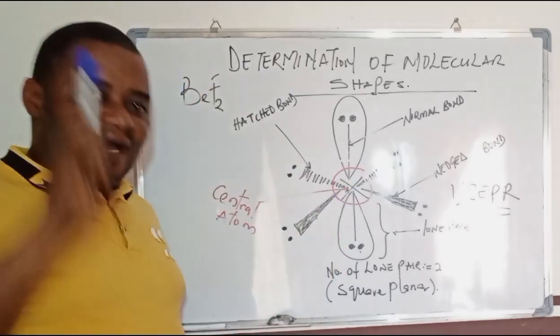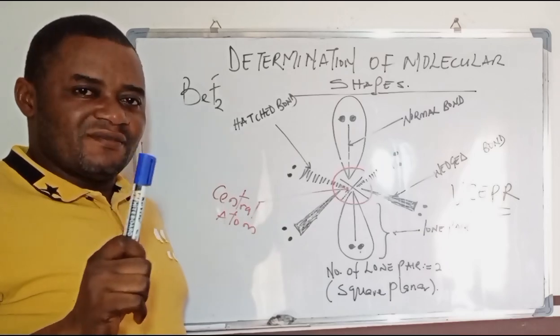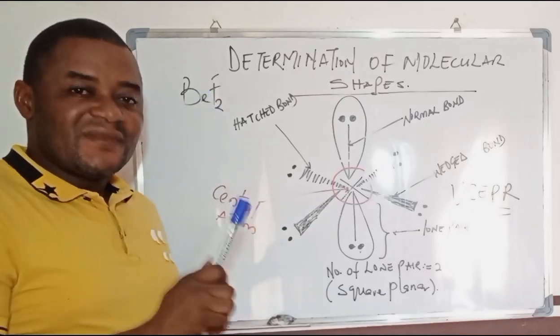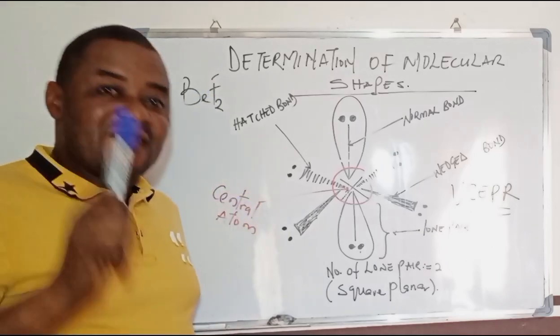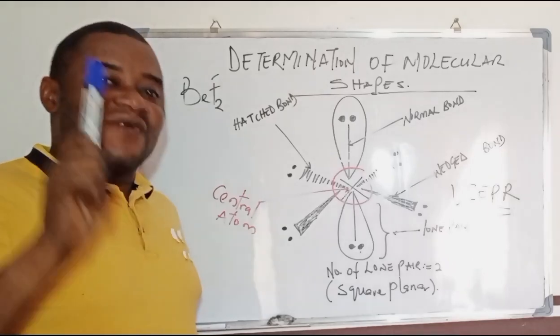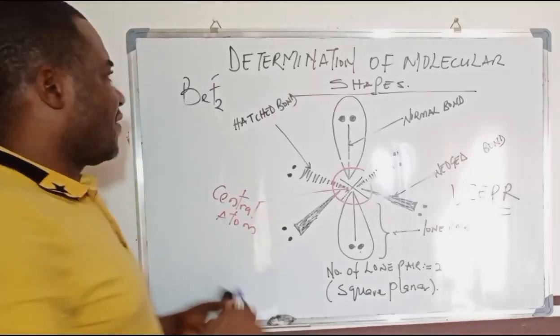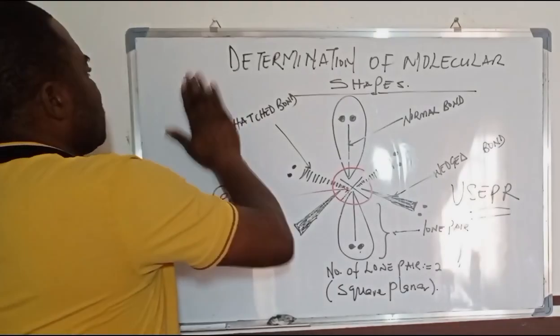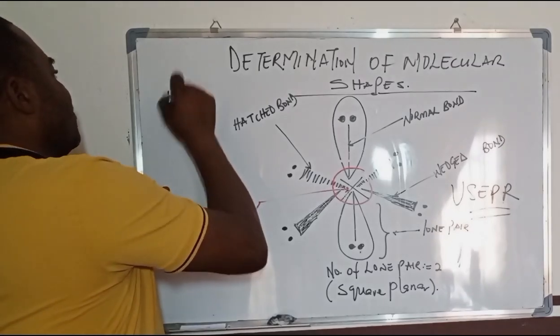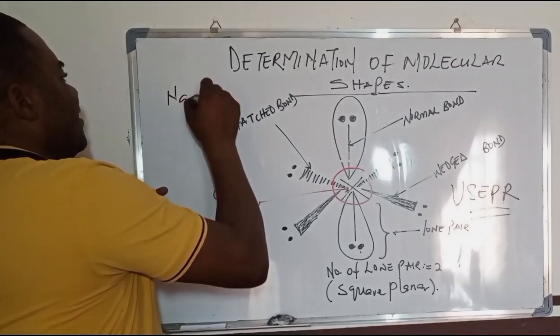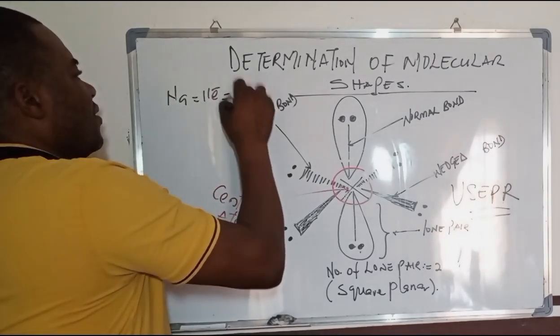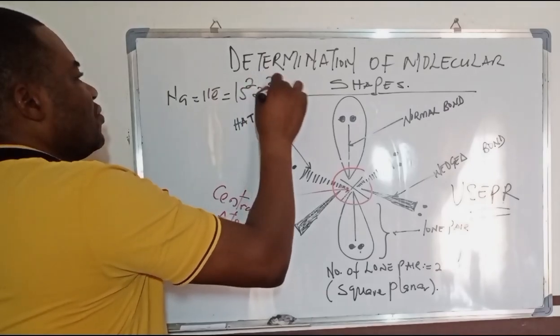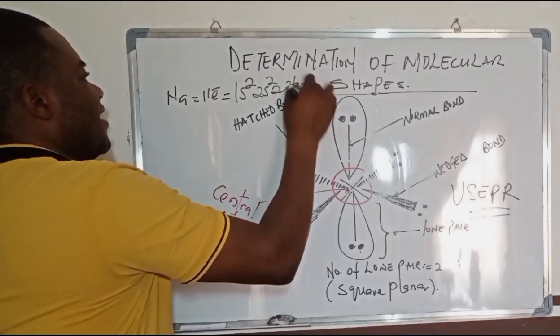Number one, I said identify the central atom. Number two, you must be able to identify the number of electrons at the valence shell. Take for example, sodium, which has 11 electrons: 1s2, 2s2, 2p6, 3s1.